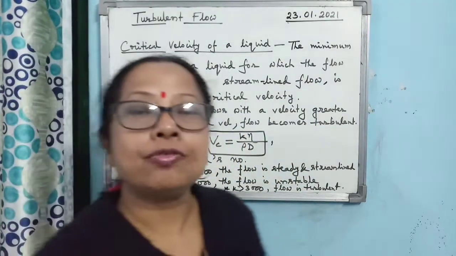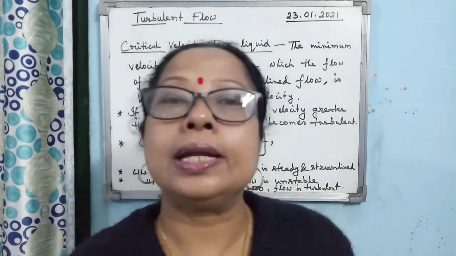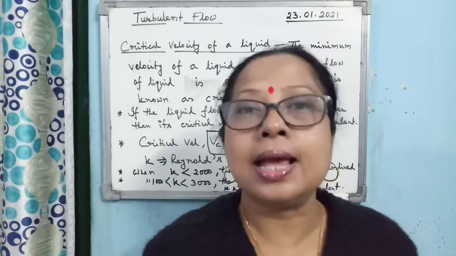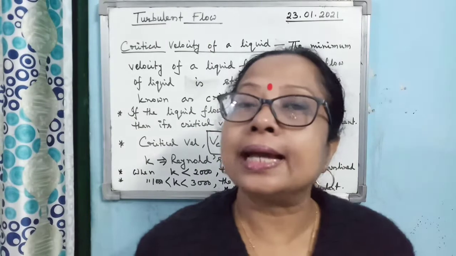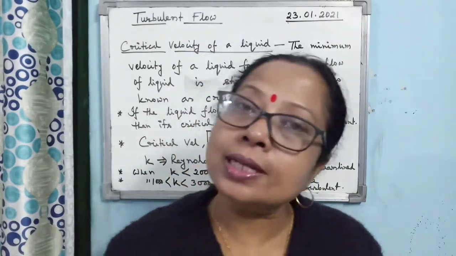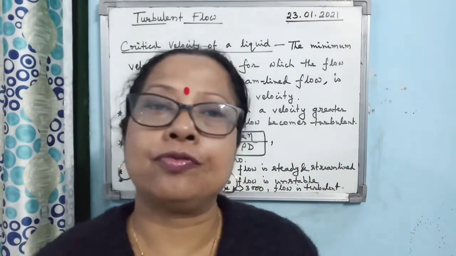When the value of k is less than 2000, then the flow of the liquid is steady, stable, and it will always be streamlined flow. What does it mean? Stable and steady means that as the flow is streamlined, it will always maintain the streamlined flow only.